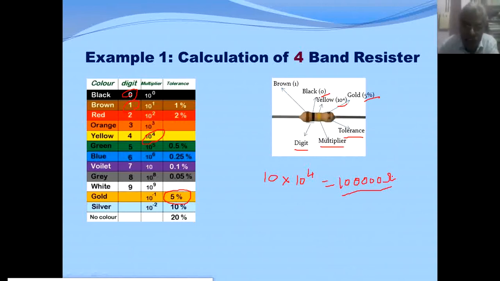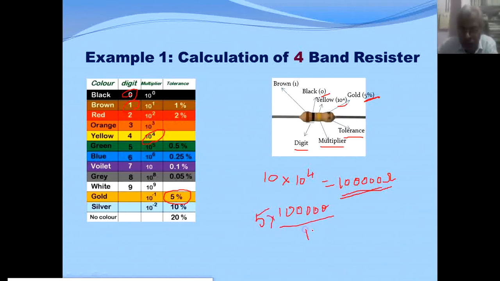How much it will increase or decrease is denoted by tolerance, and it is due to manufacturing defect. This 5% means in 100 there is 5% either plus or minus. 5% of this value, we will get 5% of this value.